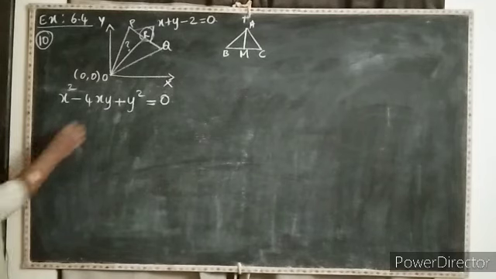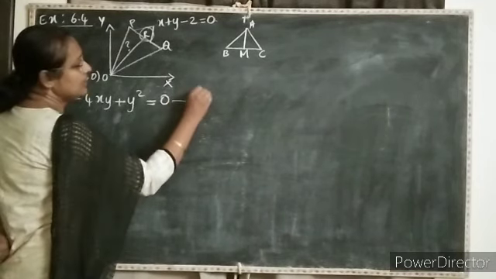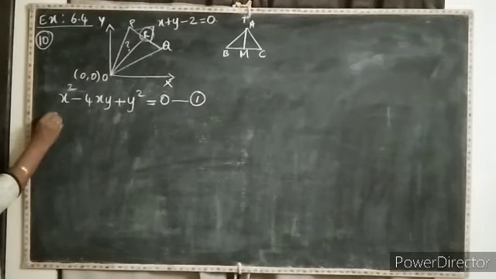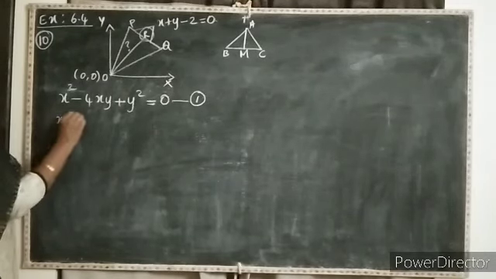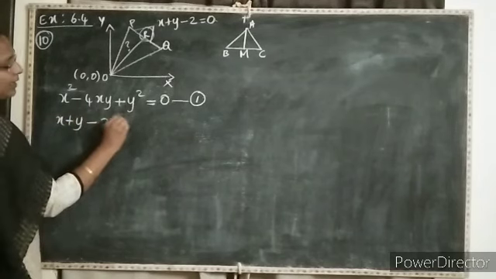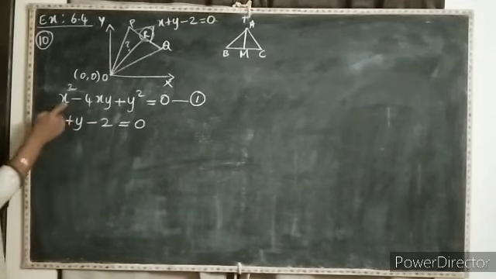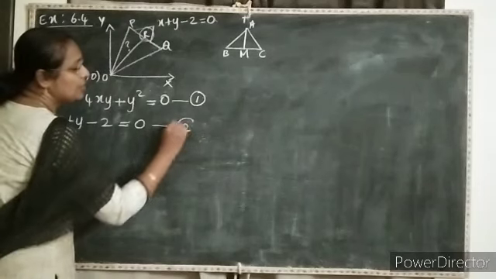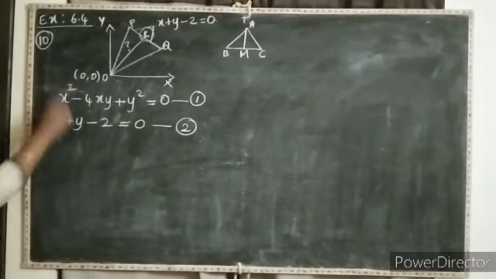Let's continue. Take the pair of straight lines as the first equation. The other equation is x plus y minus 2 is equal to 0. Now these two lines intersect. So I am going to eliminate and find one value.